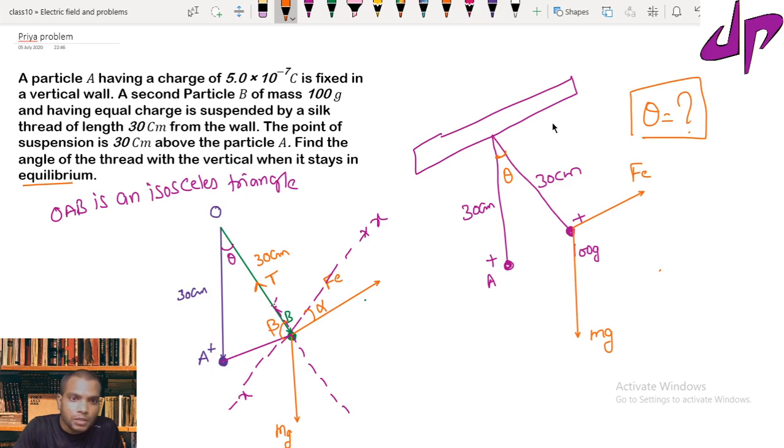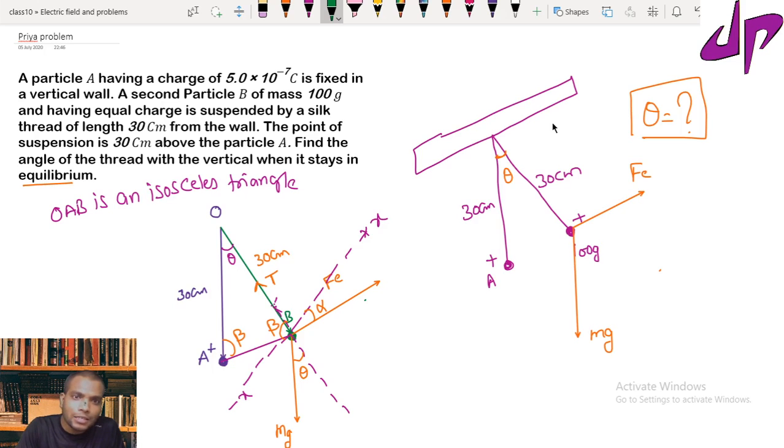If this is beta, since it's an isosceles triangle, this will also be beta. And mg makes an angle theta with the y-axis. Now the force Fe is resolved into two components.